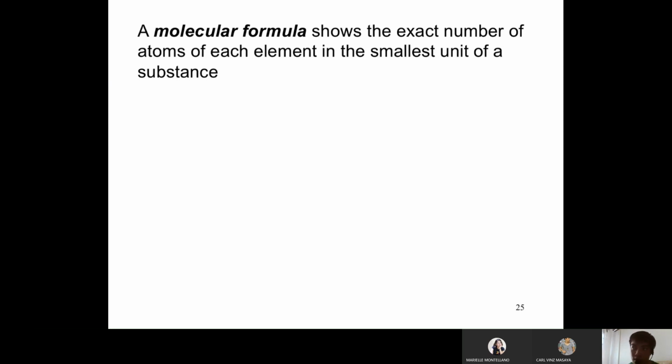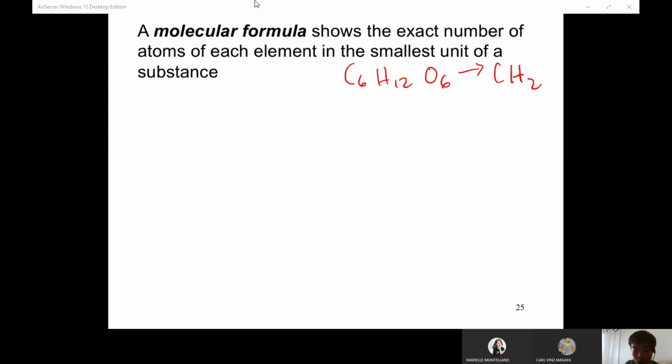For example, C6H12O6. As you can see, all the subscripts correspond to the number of atoms. Yung mga subscript natin na yan, we can reduce in its lowest term. Pwede ko yung gawing CH2O. Ni-reduce ko siya by a factor of 6.